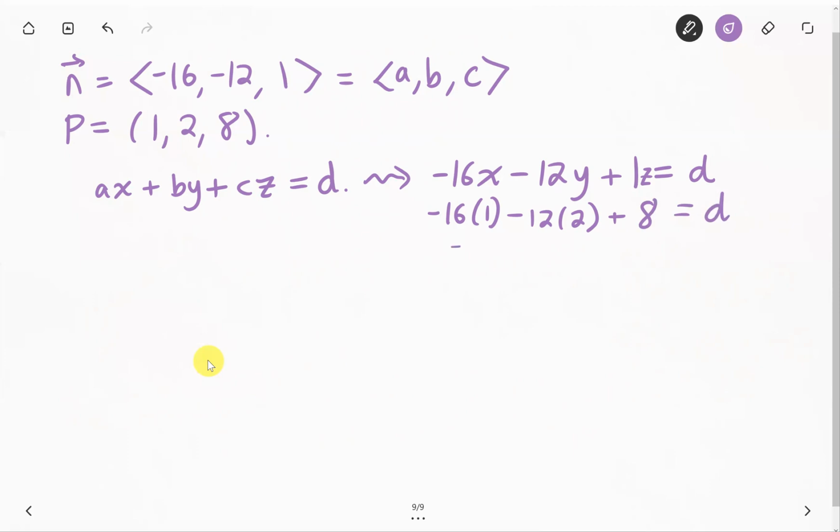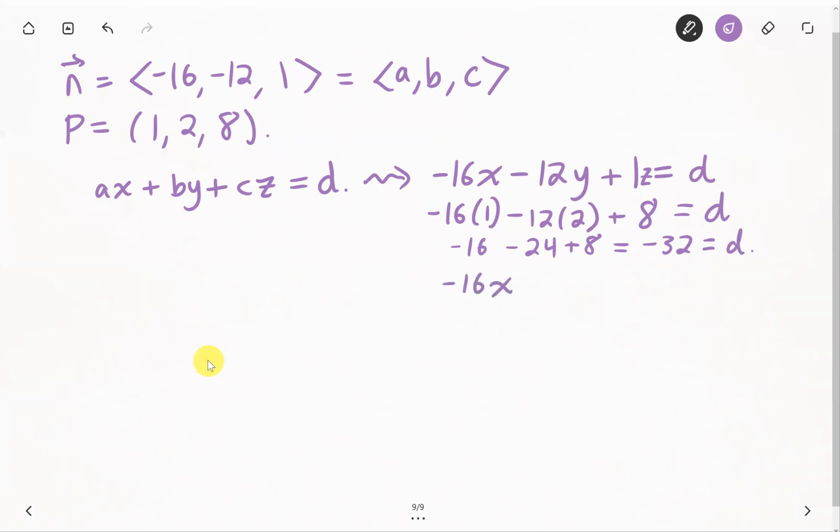So we have negative 16 minus 24 plus 8. Negative 16 minus 24 is negative 40. Negative 40 plus 8 is negative 32. And so we have our value for D, that's negative 32.